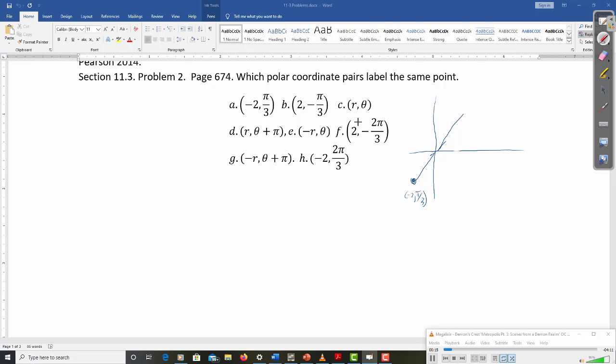Well, which polar coordinates are the same point? If you look at this one, that's 2, negative pi over 3. So that's looking at a negative pi over 3 angle, so that's this angle. But it is a positive radius, so it is actually going out this way. And then we just have r, theta, so that's very generic.